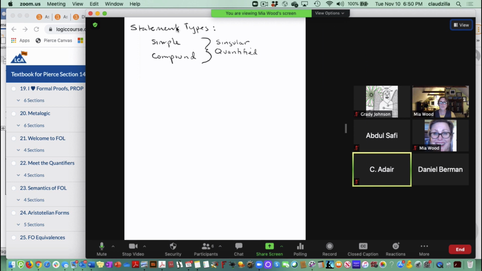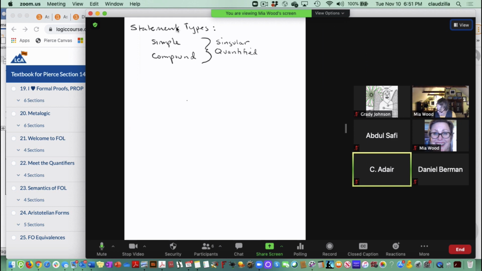Now with quantifier logic, we are extending what we know, and thereby making our logical skill set more robust.